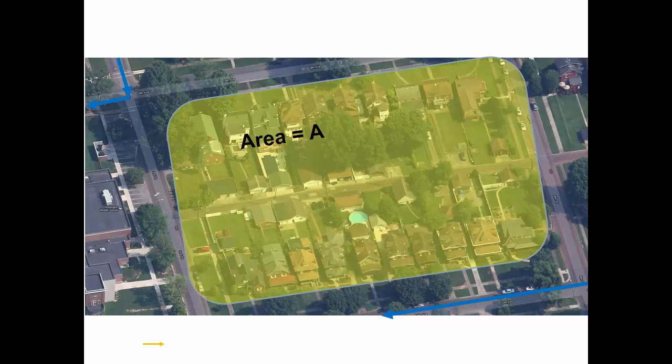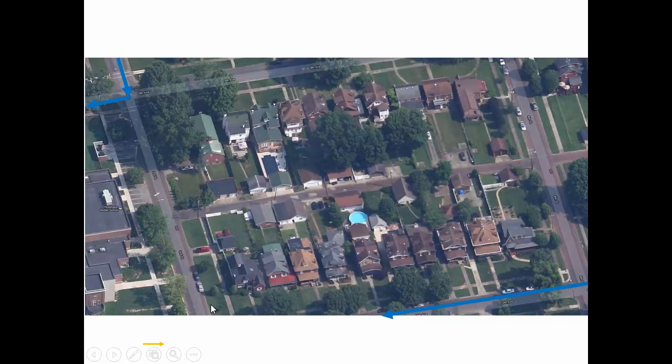And so it's a simplification of what you would observe in the real world. The rational method says that you take some area defined by geographic boundaries, like roadways, the curbs, or elevations. This area is one where all of the flow is going to concentrate to a single point. So if we go back a step, there may be a curb along this road so that the water in the road goes immediately to a gutter.